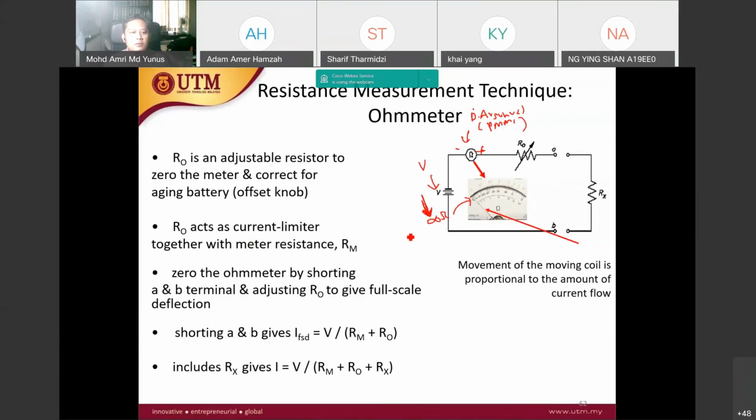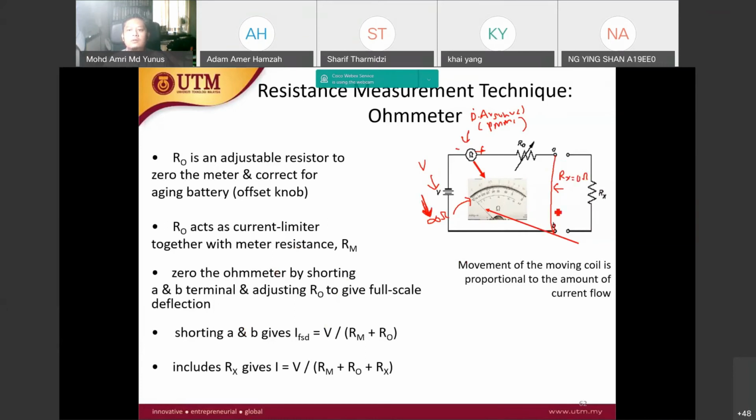Then Ro, the purpose is to calibrate. So how do we do the calibration? By short circuiting A and B. When we short circuit, the value Rx is equivalent to 0 ohm.